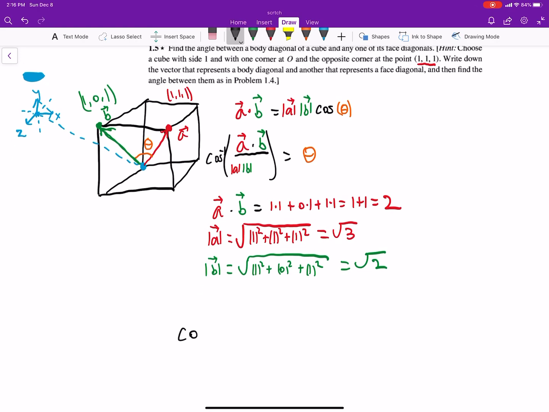So cosine inverse of A dot B, which we said was just 2, all over, well, let's see, that's root 3 times root 2, so root 6. Okay. And that should be equal to our theta.